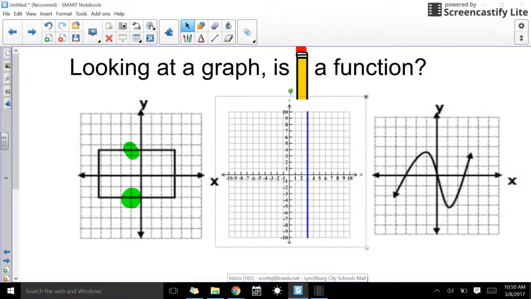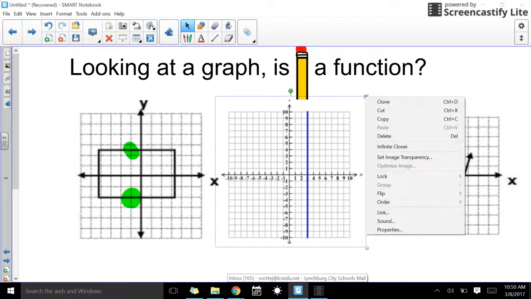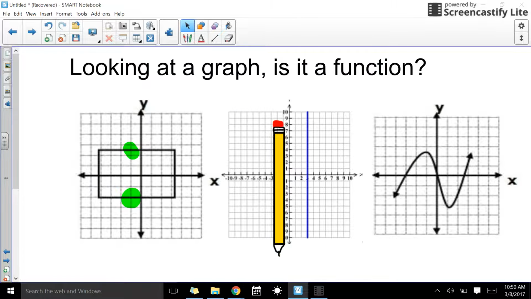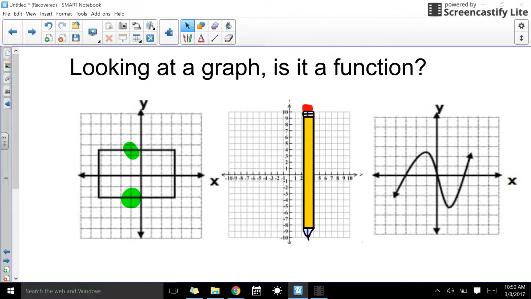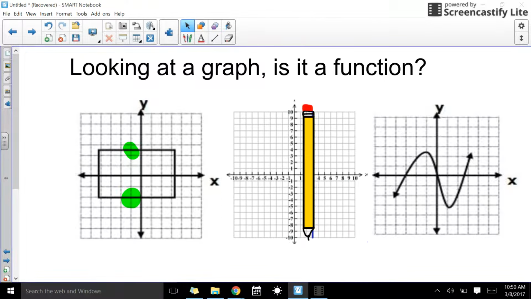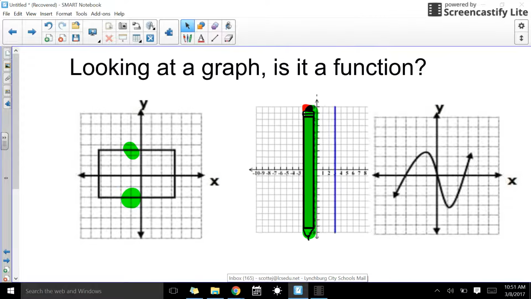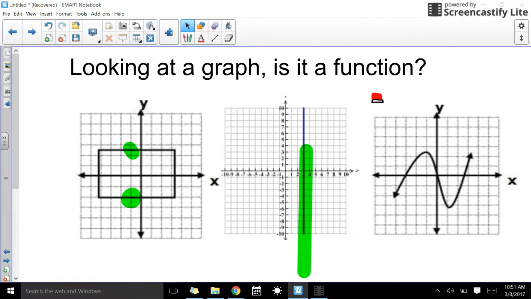Okay, so this is one thing that everybody was getting confused with. A straight line also cannot be a function because look, it touches my pencil the whole way through, okay? A straight line is not a function.